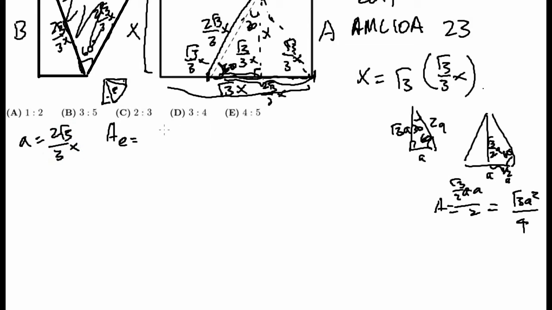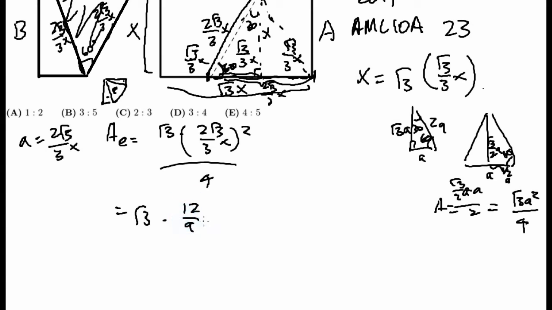Thus the area of this equilateral triangle is square root of 3 times 2 square root of 3 over 3x squared over 4, which is just square root of 3 times numerator squared is 4 times 3, which is 12 over 9x squared over 4, which is 3 root 3 over 9x squared, which is root 3 over 3x squared. So that's the area of our equilateral triangle.